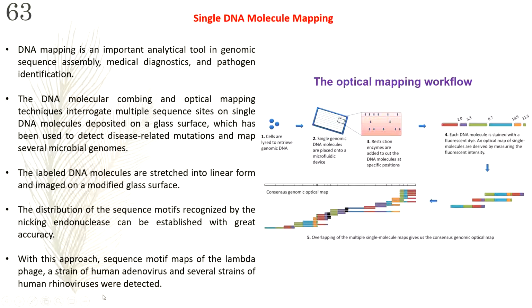Because of the simplicity of this mapping strategy, the single DNA molecule analysis, high accuracy, and obviously high potential for high throughput, it will likely find applications in medical diagnostics, DNA mapping, and essentially in rapid identification of microbial pathogens. And we know that rapid detection is much more required at this kind of time.